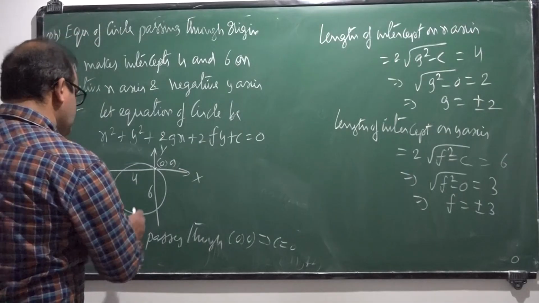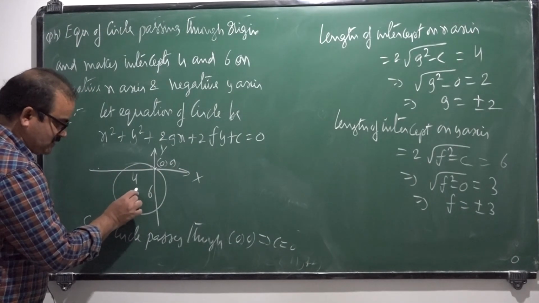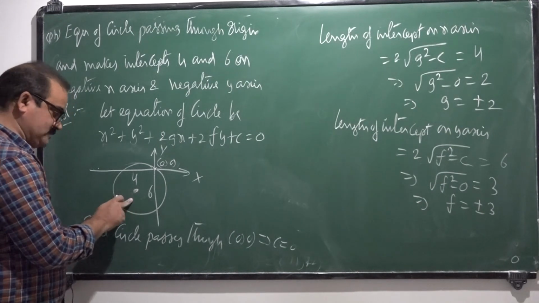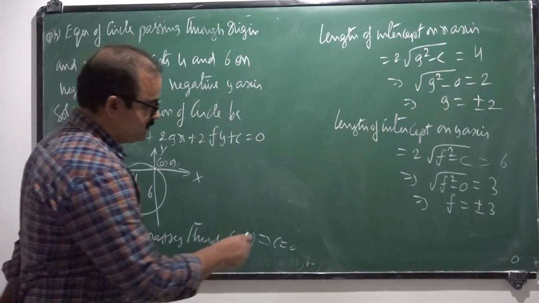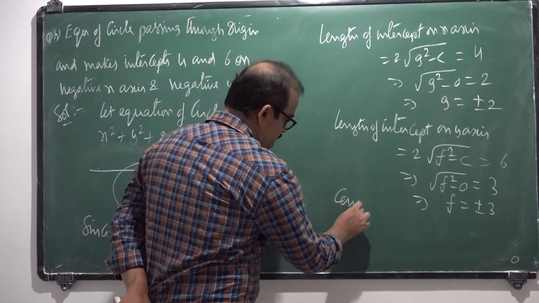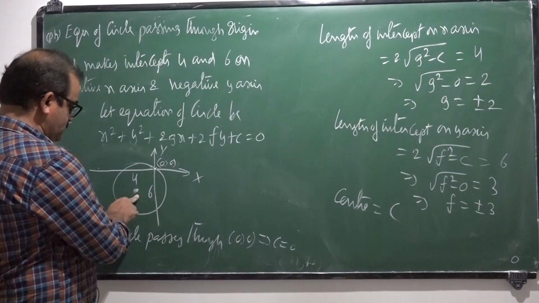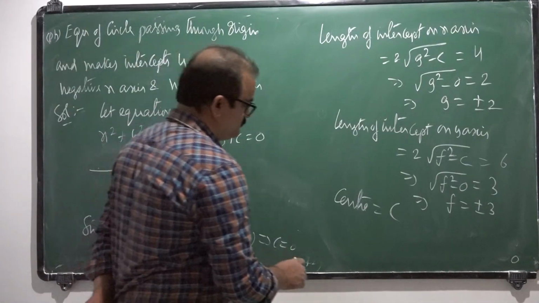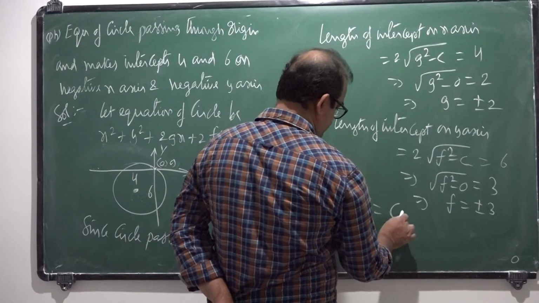Observe that the center of this circle must lie in the third quadrant. In the third quadrant, x coordinate is negative and y coordinate is also negative. So center is equal to x coordinate negative, y coordinate negative. Then what is the center here?